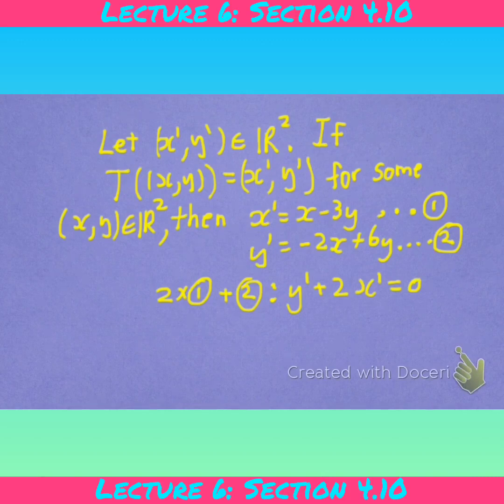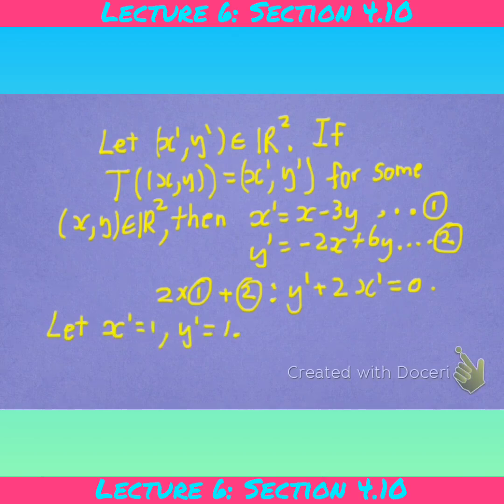Okay, so that gives me a clue as to whether this thing is onto or not, because now I can choose y prime and x prime in such a way that this equality is not satisfied, and that is going to give me a problem with it being onto. So let's pick an x prime and a y prime.